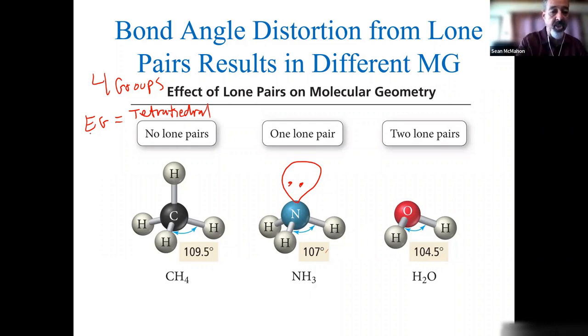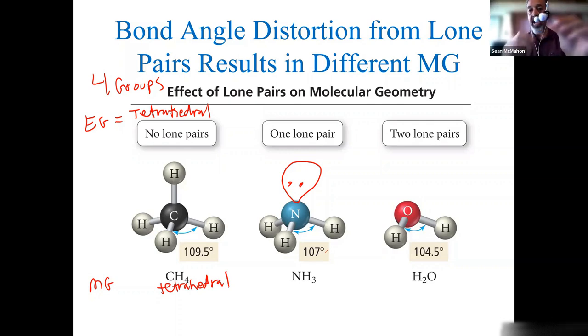For molecular geometry, methane is still tetrahedral. For NH3, now this doesn't look tetrahedral because I'm not taking into account the lone pair. So that doesn't look the same. So this molecular geometry is pyramidal.